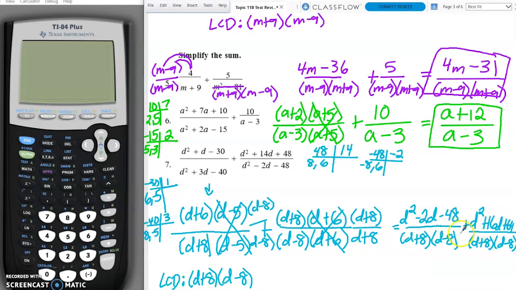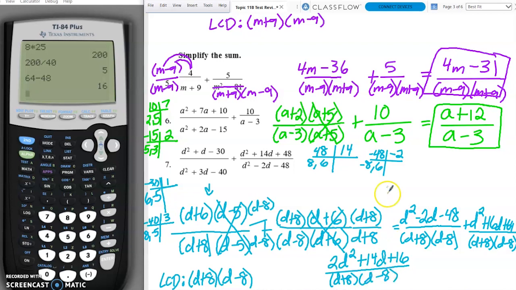And so we're going to combine these together now. We have d squared plus d squared, so we're going to end up with 2d squared. Negative 2d plus 16d is going to be plus 14d. And then negative 48 plus 64, I'm not going to do that in my head. So 64 minus 48, so plus 16 over d plus 8, d minus 8.